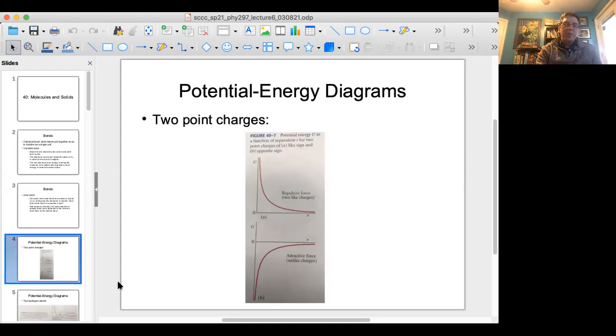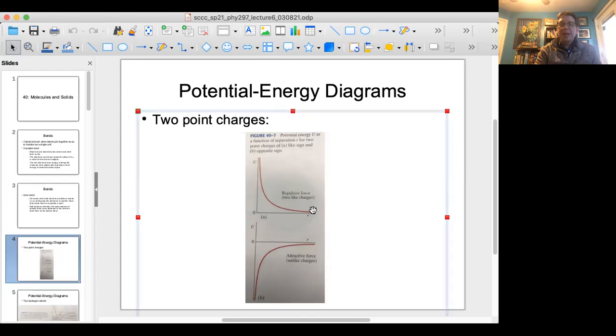So we're going to go over now the basics of potential energy in the atom. So we're starting with 2 point charges. So a proton and an electron. And so if they attract, the potential energy increases as the electron approaches the proton.